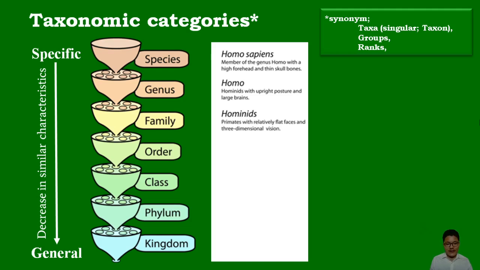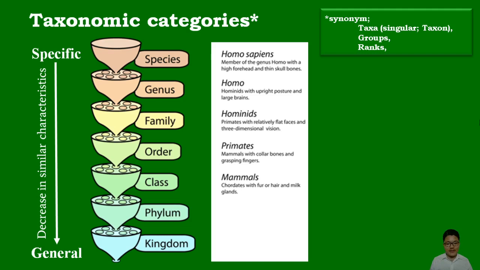We have a flat face and three-dimensional vision. We can see different objects three-dimensionally. Our order is primates. We have collarbone, and we can hold or grasp things.